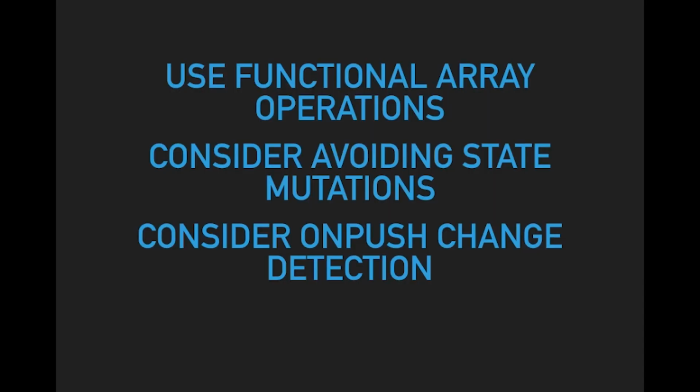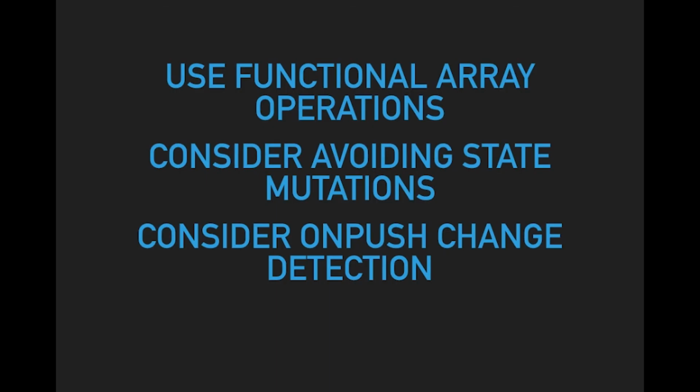Cool. To wrap it up, let me enumerate the three main takeaways from this presentation. So firstly, use functional array operations. I don't really see a reason to write array operations in an imperative way. It's almost always non-optimal. Your code is more verbose, and it's easier to make a bug. Then consider avoiding state mutations. As I said, not in simple components, not in CRUD applications.